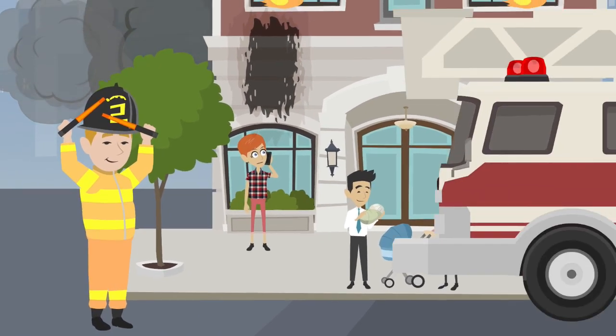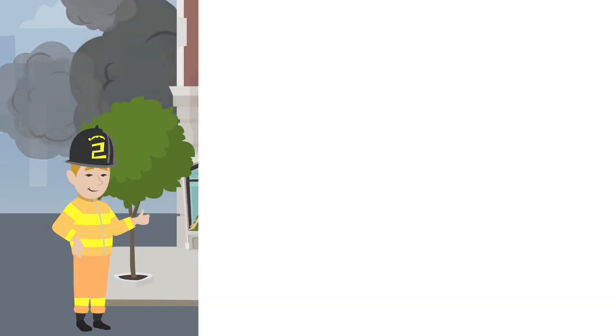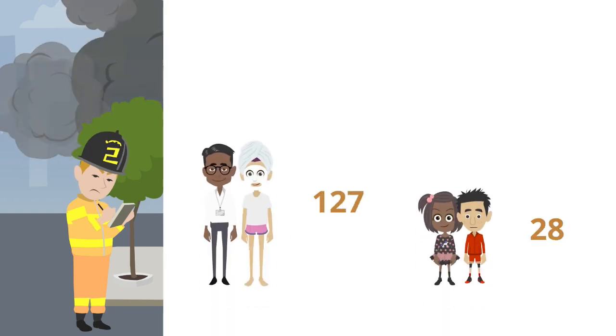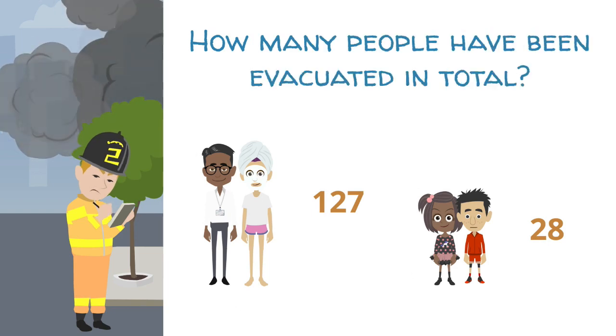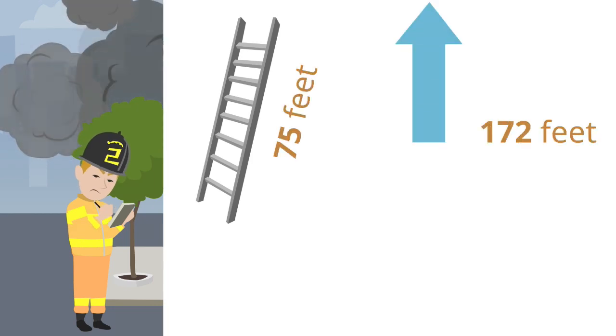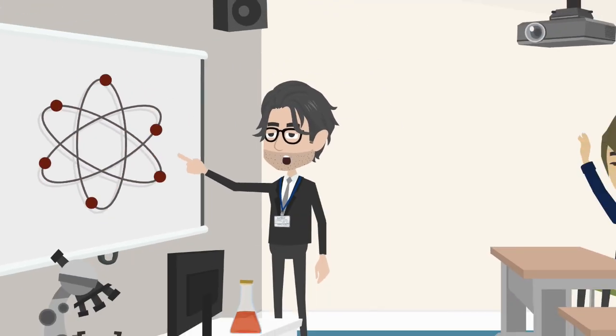Mike is a firefighter and is counting the number of people evacuated from a burning building. There are 127 adults and 28 children. How many people have been evacuated in total? The first ladder is 75 feet long, but the top of the building is 172 feet high. How far is the top of the first ladder to the top of the building? Mr. Jones teaches science.